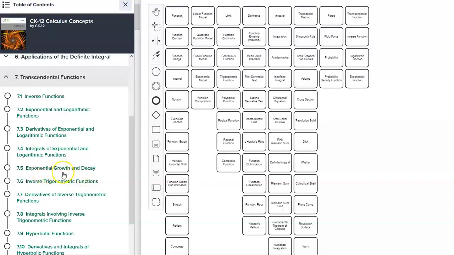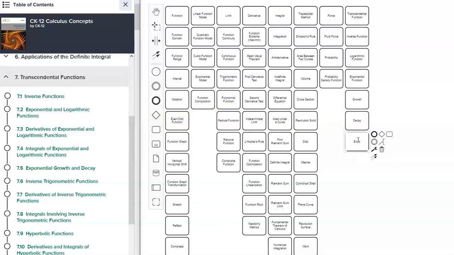All right, exponential growth and exponential decay. So I think just the concept of growth would be important, and the concept of decay would be important, because there's different types of growth, there's different types of decays.